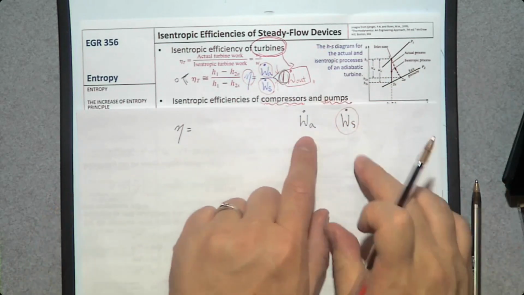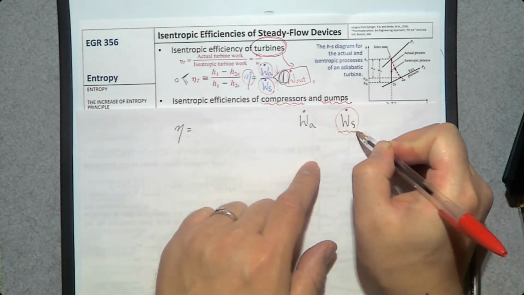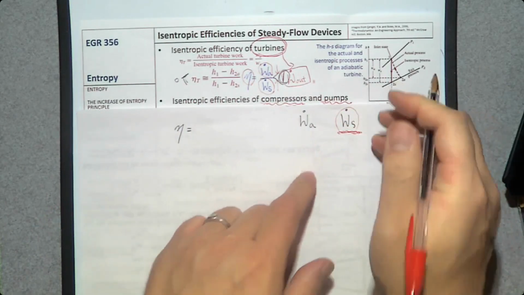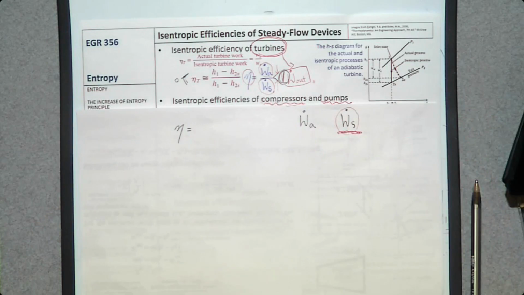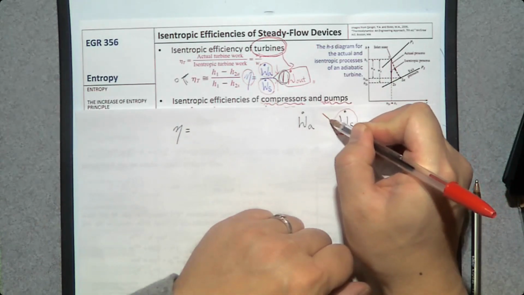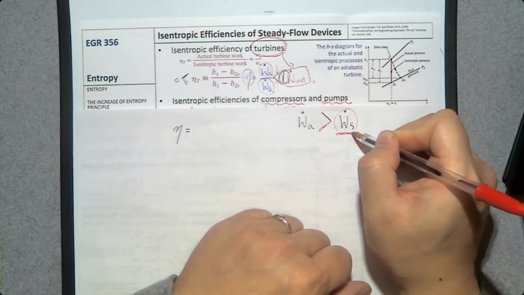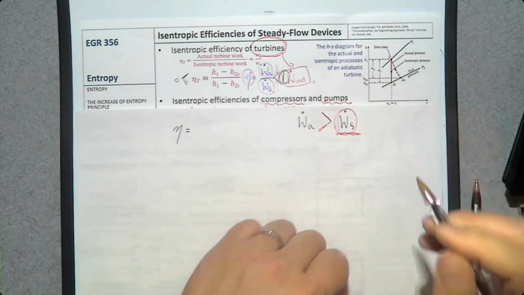And if you compare these two powers, you can say the isentropic compressor consumes less power because it is a more efficient system. So the power consumption by the actual compressor is greater than the power consumption by an isentropic compressor.